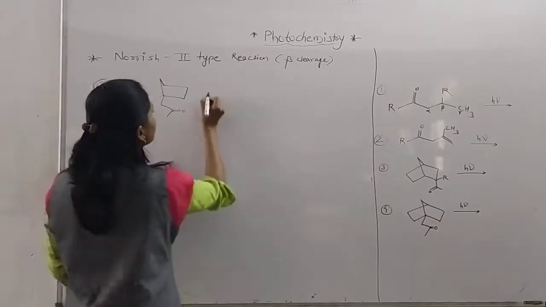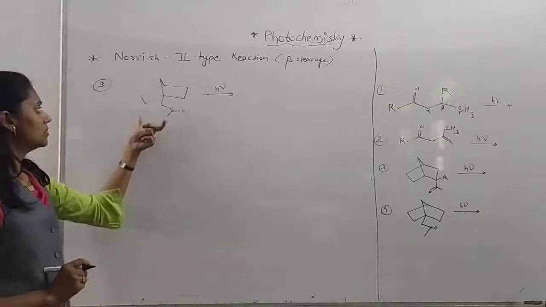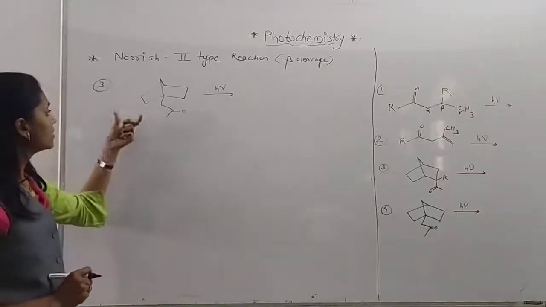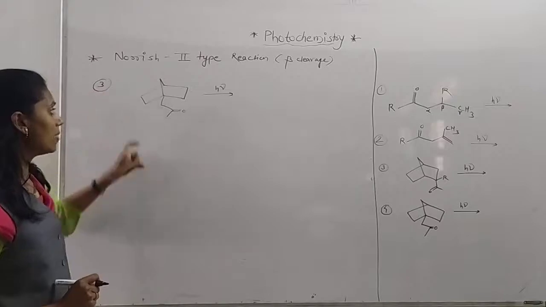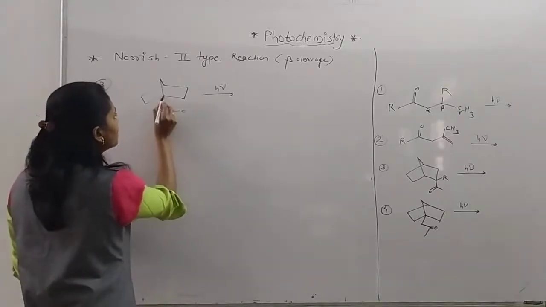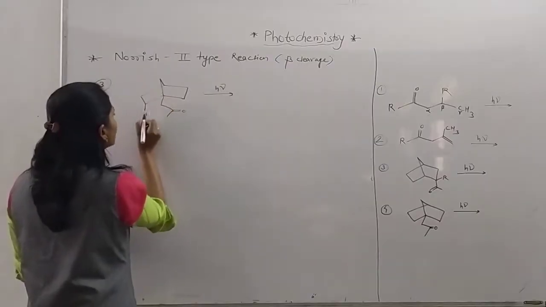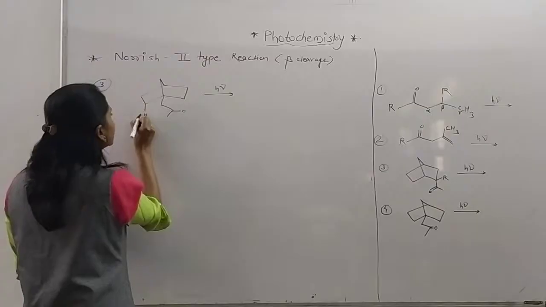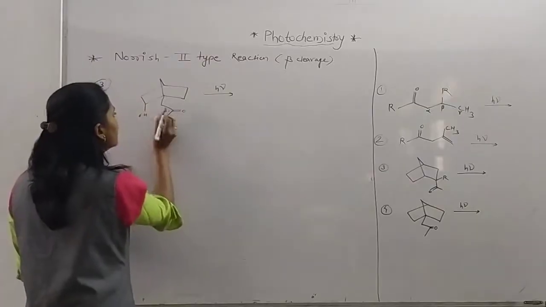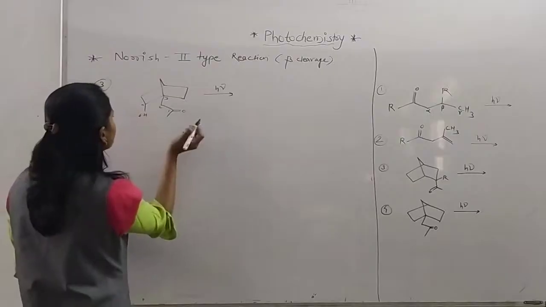Okay, next one is this. Now check, there is the presence of a gamma hydrogen. Since this is the alpha, this is beta, and here this is gamma. So I have here one hydrogen and it's a gamma hydrogen. Its number is 6, if I give numbering 1, 2, 3, 4. Okay, this is something wrong.